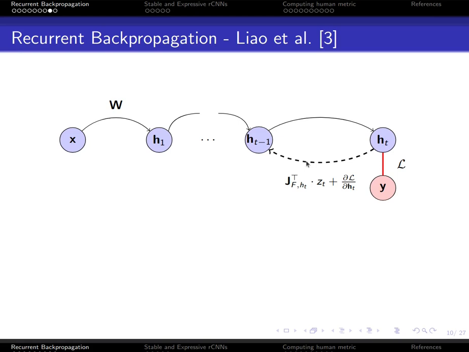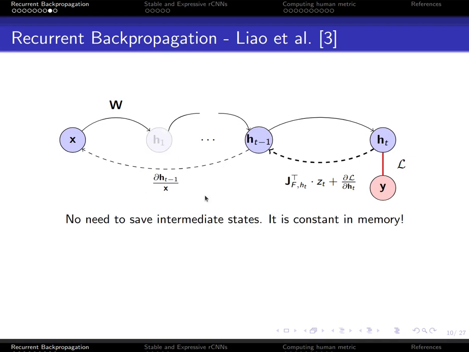We repeat these k steps, and then instead of propagating through all of the intermediate hidden states, we propagate directly to the input. So there is no need to save the intermediate states that were previously saved using backpropagation through time, which means that our algorithm is constant in memory.